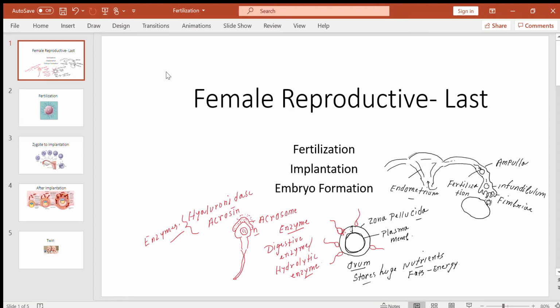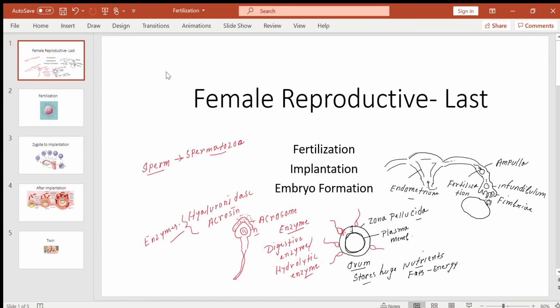And one more thing you need to know, that the sperm is partially activated. The most mature form of sperm is the spermatozoa. You remember this one.